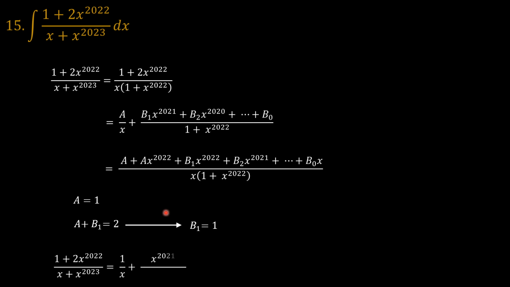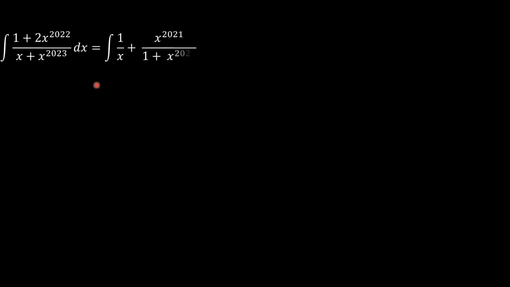And so that polynomial would be expressed as these partial fractions, 1 over x plus x to the power 2021 over 1 plus x to the power 2022. So the integral now becomes the integral of 1 over x plus x to the power 2021 over 1 plus x to the power 2022.